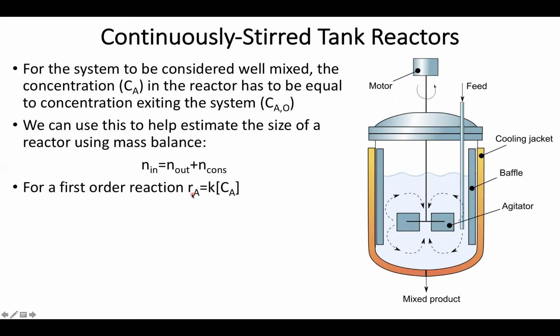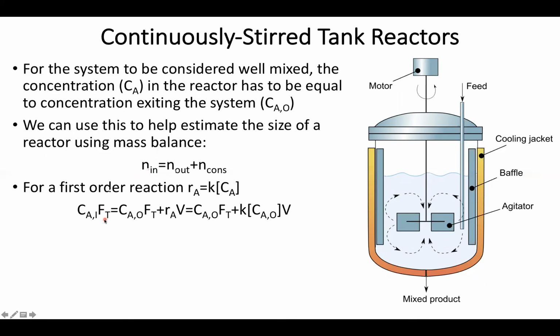So the rate of reaction is going to be given by the rate constant times the concentration of my reactant A. So in that case, what I can do is more or less plug in my values for the moles being added in. So the moles being added in is going to be based on the concentration of my input times the feed rate of my input, which I'm going to represent as the flow rate Ft.